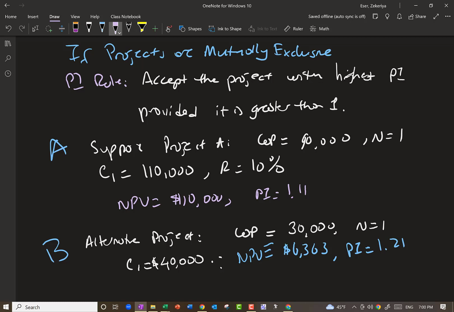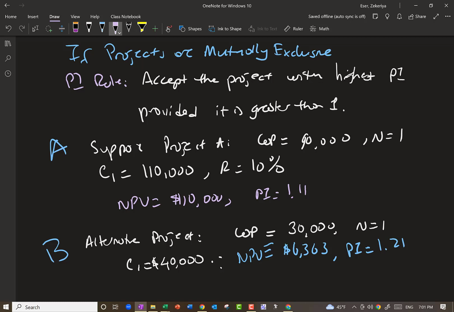According to PI, which project would you pick? B, because the PI rule says pick the project with the highest PI provided it's greater than 1. So they give conflicting results. The reason is that PI is a per dollar kind of measure. Per dollar I'm making more money, but only over 40,000 or 30,000.